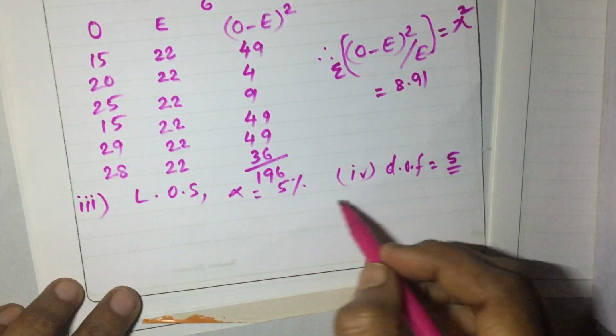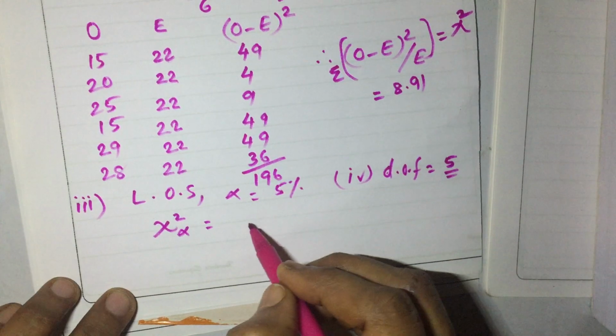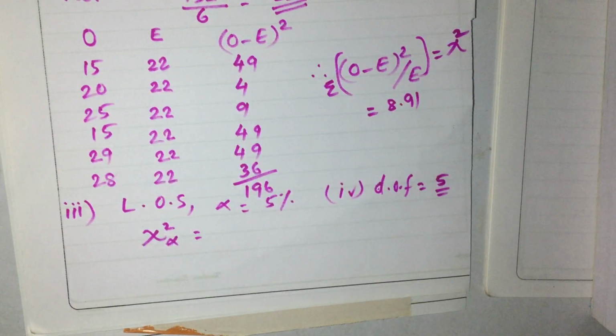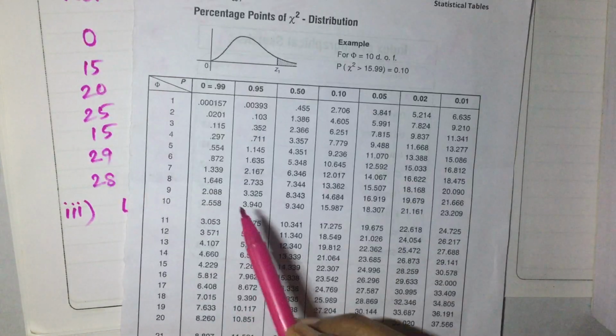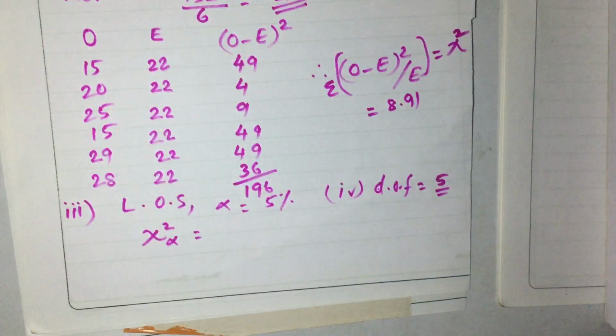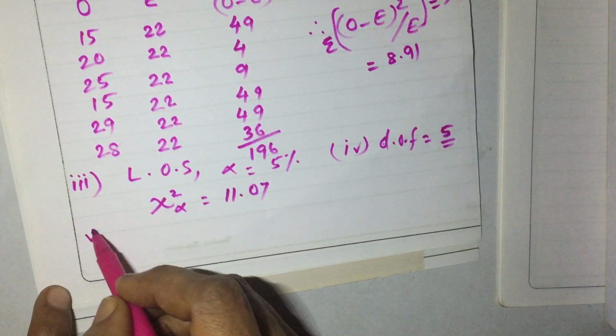So corresponding chi-square alpha at 5 degrees of freedom, again from the table, you will get at 5 degrees of freedom 0.05, it is 11.07. Okay, 11.07.